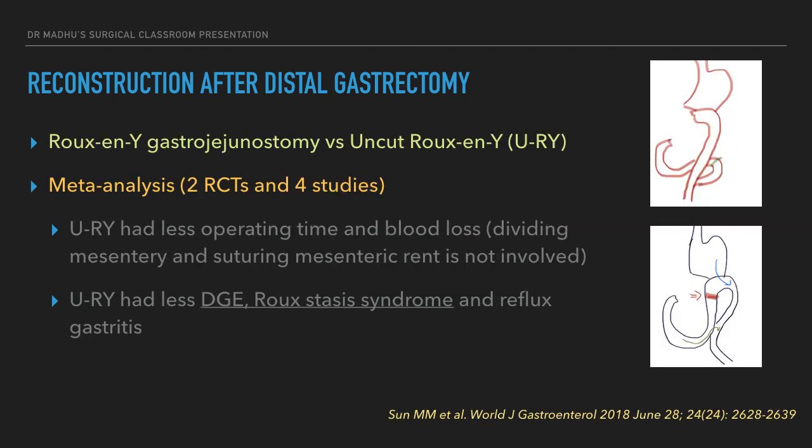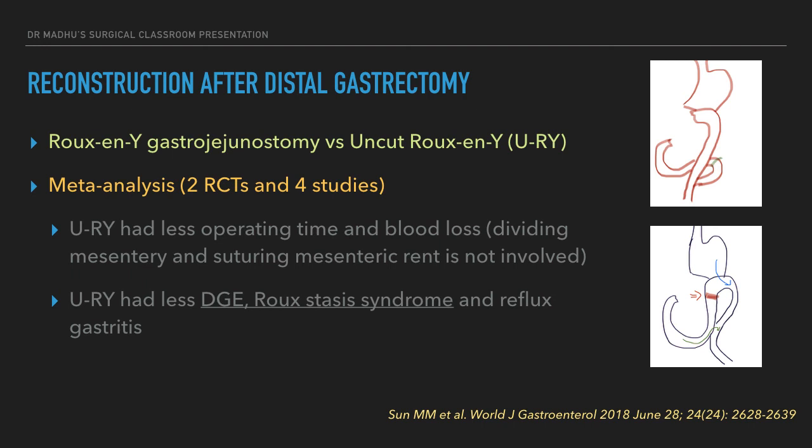Now, we had a meta-analysis comparing a Roux-en-Y type of reconstruction with an uncut Roux-en-Y type of reconstruction. This meta-analysis included 2 randomized studies and 4 retrospective studies. In this, the uncut Roux-en-Y type of reconstruction had less operating time and less blood loss, because there is no division of mesentery, and the suturing of mesenteric rent is not involved in this particular type.